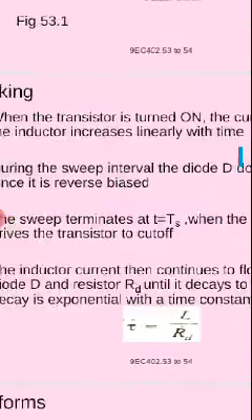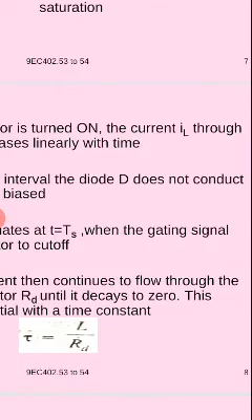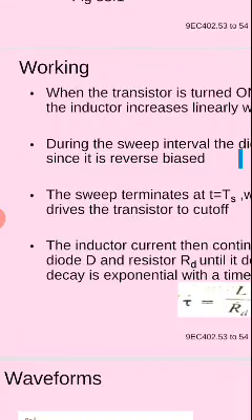The sweep terminates at t equal to Ts when the gating signal drives the transistor to cutoff.